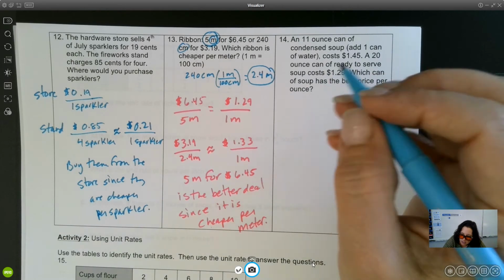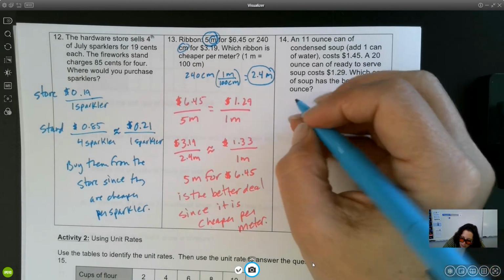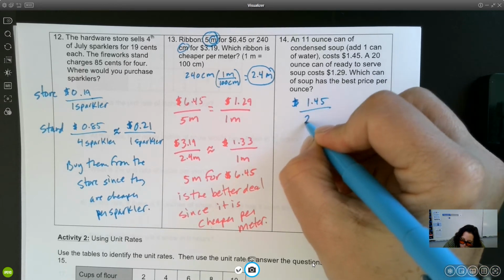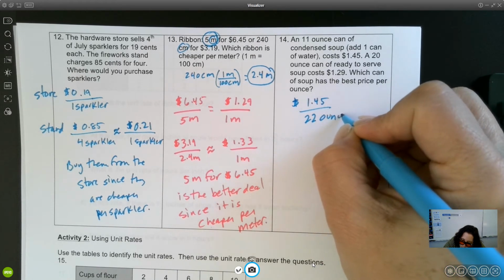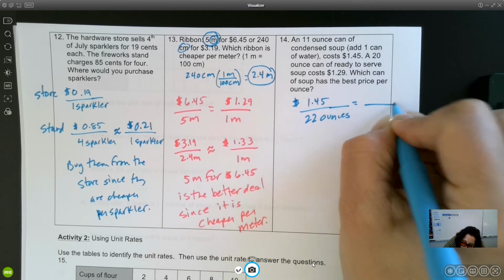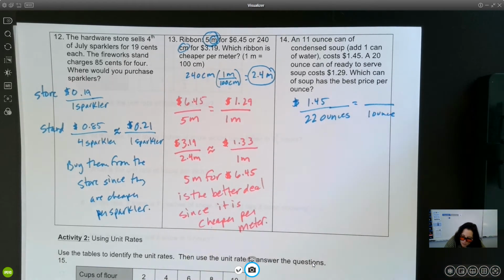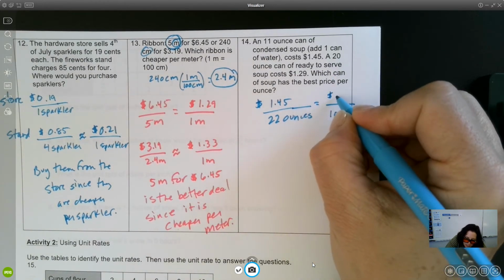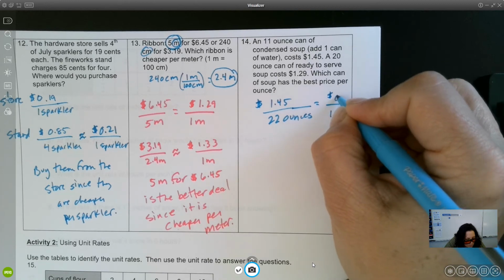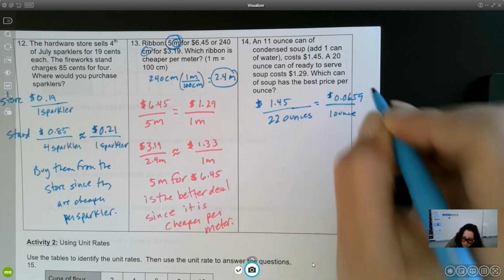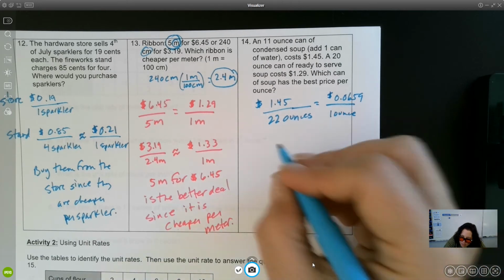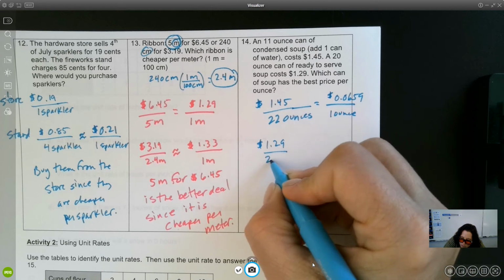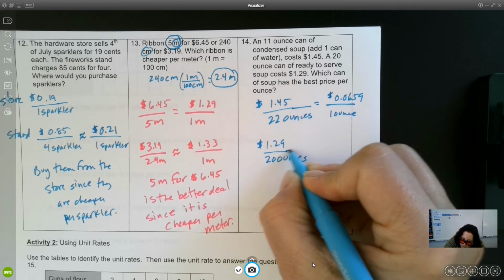All right, so we've got $1.45 for 22 ounces, and we need to see how much that is for 1 ounce. And that comes out to be, and I'm making this a very ugly number, but we need to carry out some digits to be able to compare, 0.659. Okay, and then we've got this $1.29 for 20 ounces. That's ready to go the way it is.